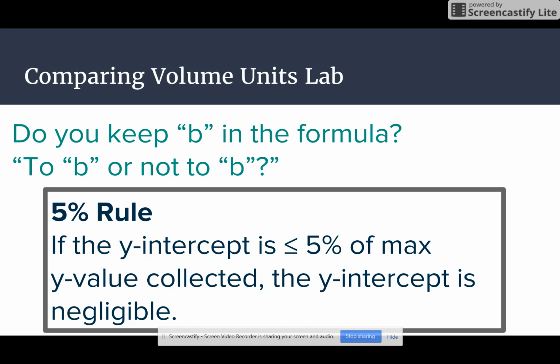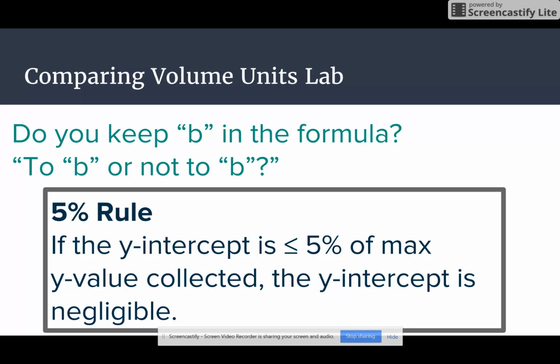What that means is you take a look at your data in the y-axis, meaning the calculated volume, and look for the largest value. What is 5% of that value? The easy way is to move the decimal one place to the left and divide it in half. If you move it one place to the left, that's 10%. Dividing it in half makes it 5%.